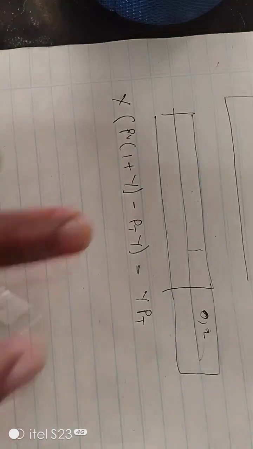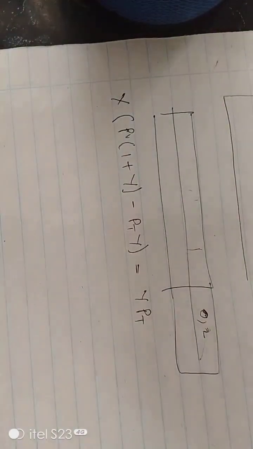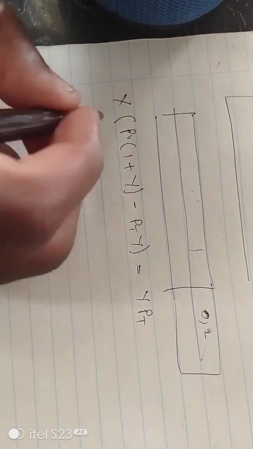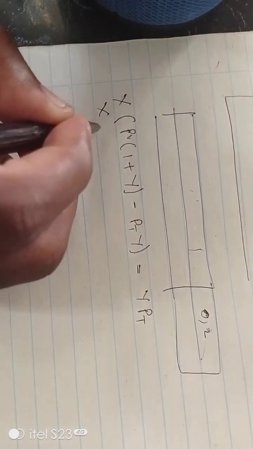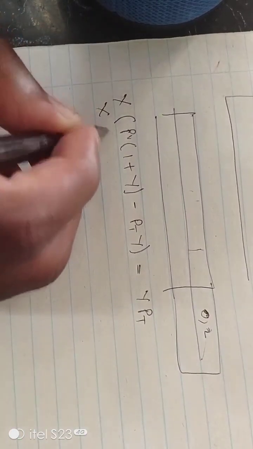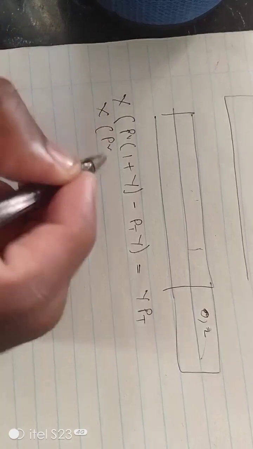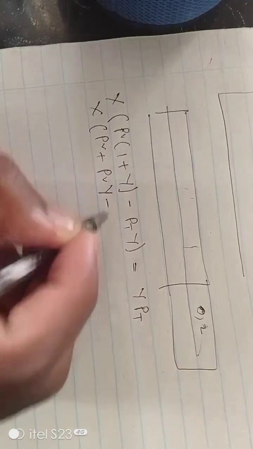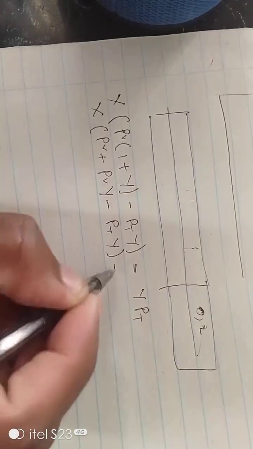Sorry, I was writing here. Open up the bracket: x, okay, fine, Pv + Pv y - Pt y is equal to y Pt.